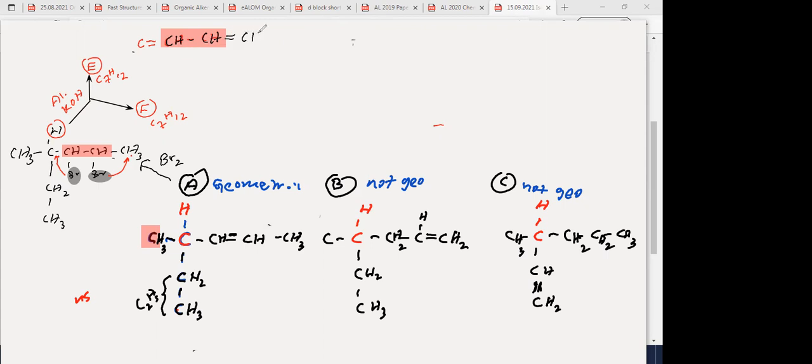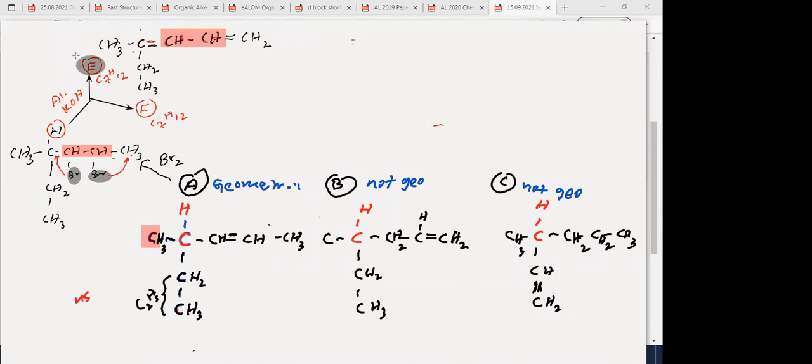That becomes CH2, because CH3 becomes CH2 by removal of a hydrogen from that side. This side, the upper hydrogen of that optically active compound is removed, and here you get CH2. CH3 will be left as it is. That is E. That is the structure E.